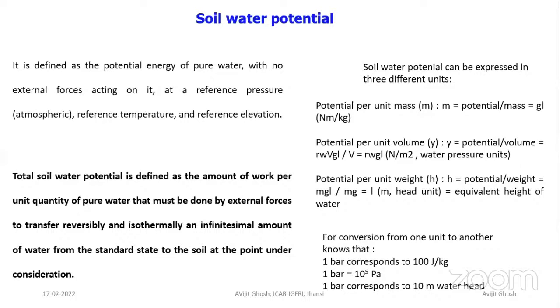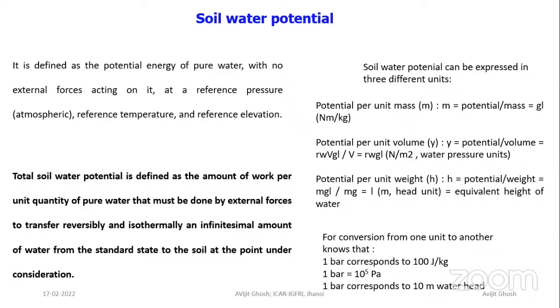And next is soil water potential. The potential of anything is defined as the power or the capacity to do work. In the same way, the potential of soil water can be defined as the energy of pure water, with no external forces acting on it, when it is present at atmospheric pressure, at a given temperature and at a given height from the reference point.